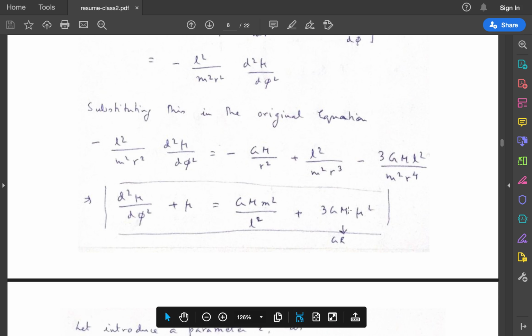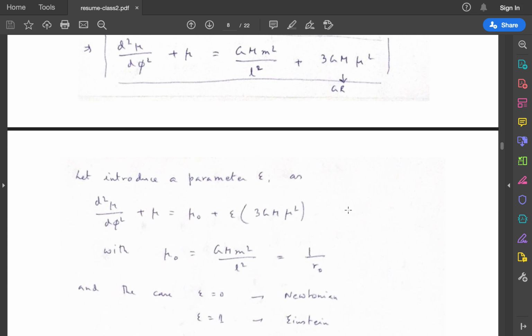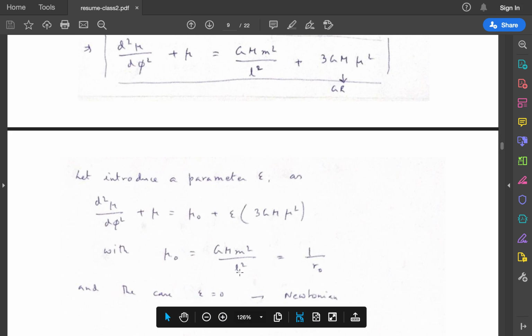Okay, so this makes things interesting. How do we solve this? Let us first introduce a parameter epsilon, and we write this equation in this form: d²u/dφ² plus u equal to u₀, where u₀ is redefined as GMm²/L², which is 1/r₀, plus ε 3GM u².